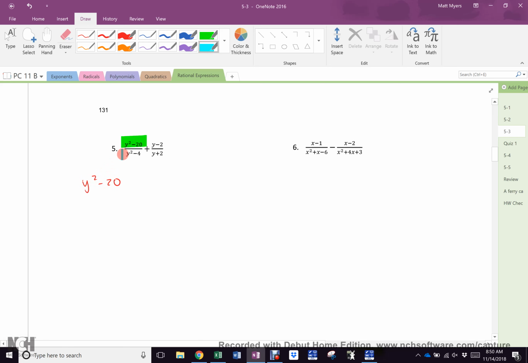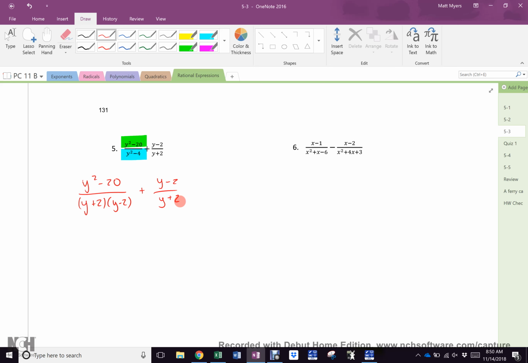Can I factor the blue guy? What is it? Y minus 2, y plus 2 over y minus 2 over y plus 2. Now what do I need? Have I factored everywhere I can? Okay, so now I got to get my denominators common, right?